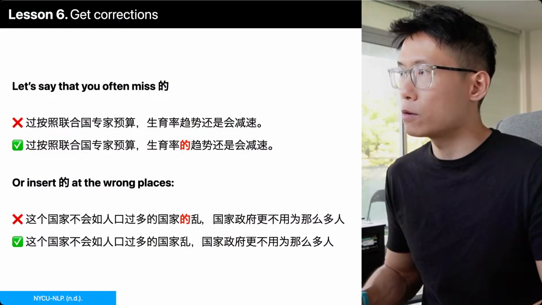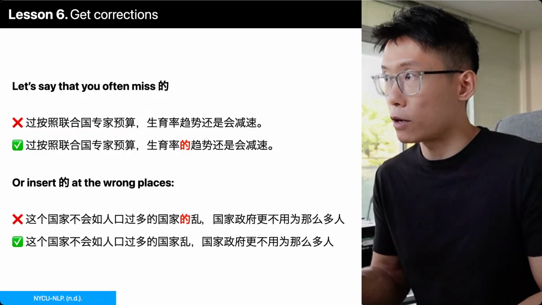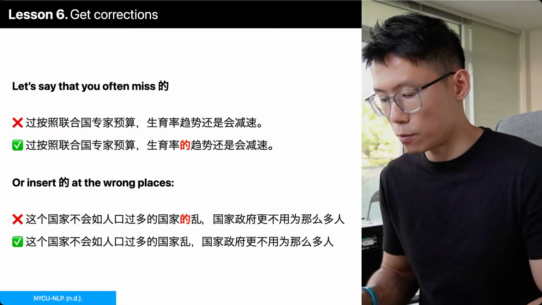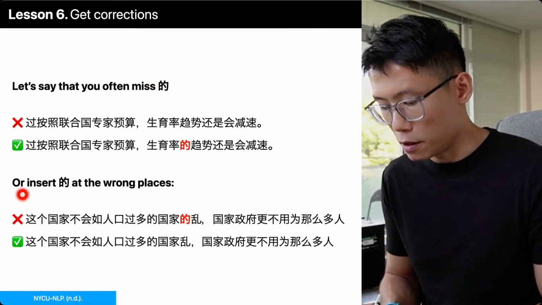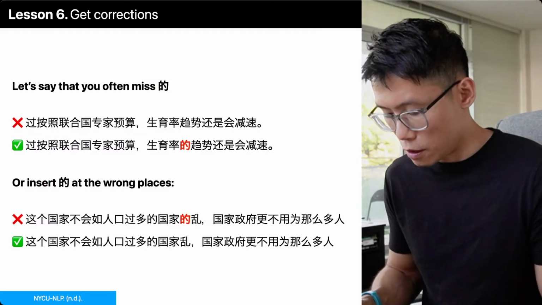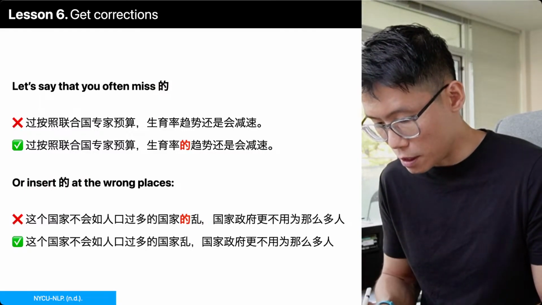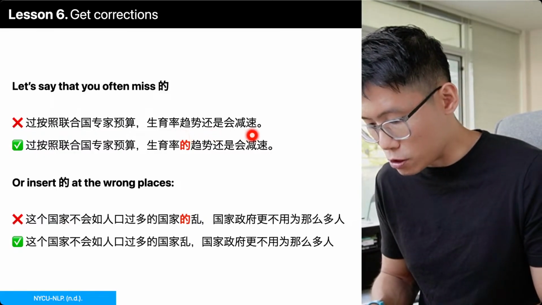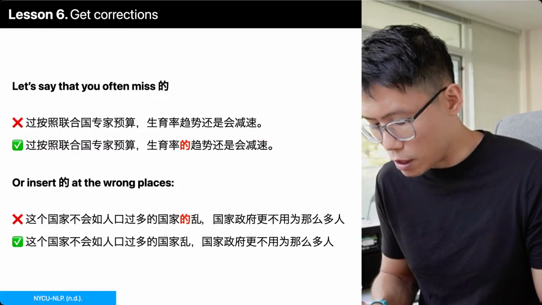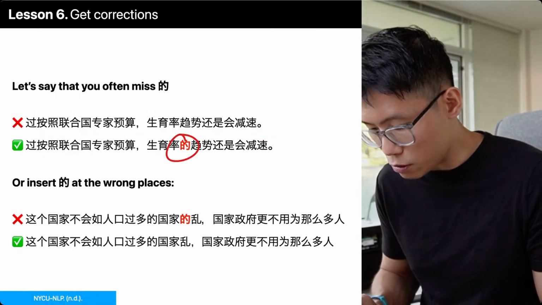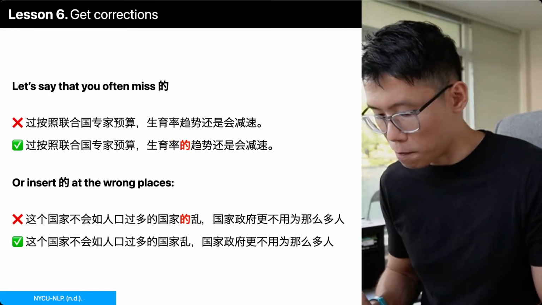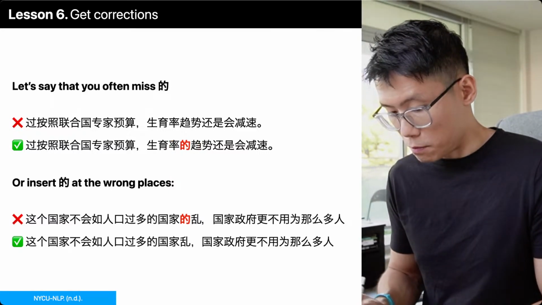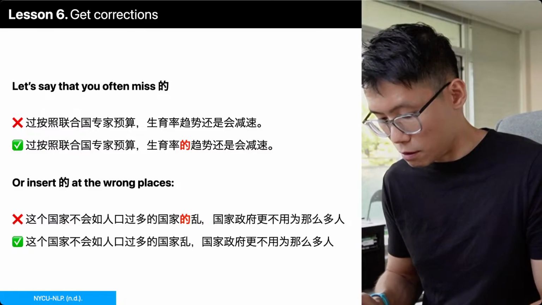So based on the errors you made, you can then do targeted practice on them. So let's say that you have a problem with missing de or inserting de in the wrong places. For example, here are the sentences. 按照联合国专家预算，生育率趋势还是会减速, right? We should add a 的 in here: 生育率的趋势还是会减速。Or sometimes you might be adding a 的 extraneously.